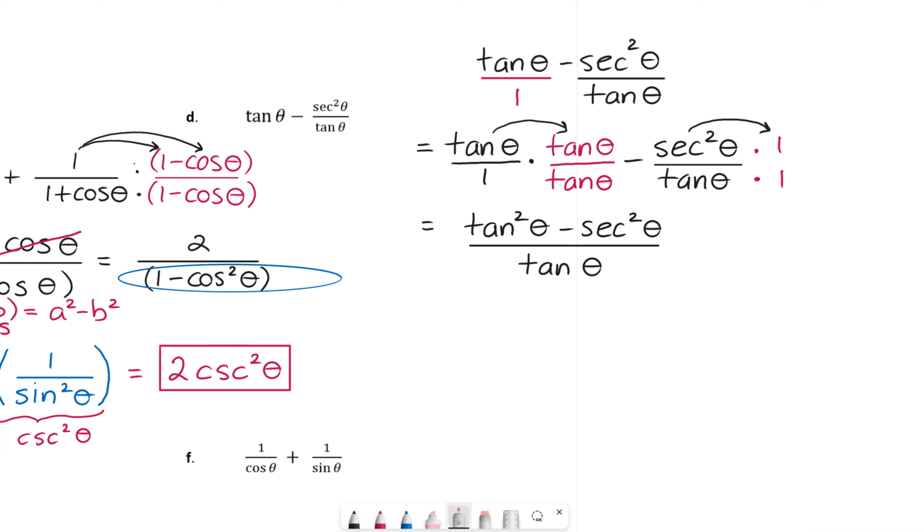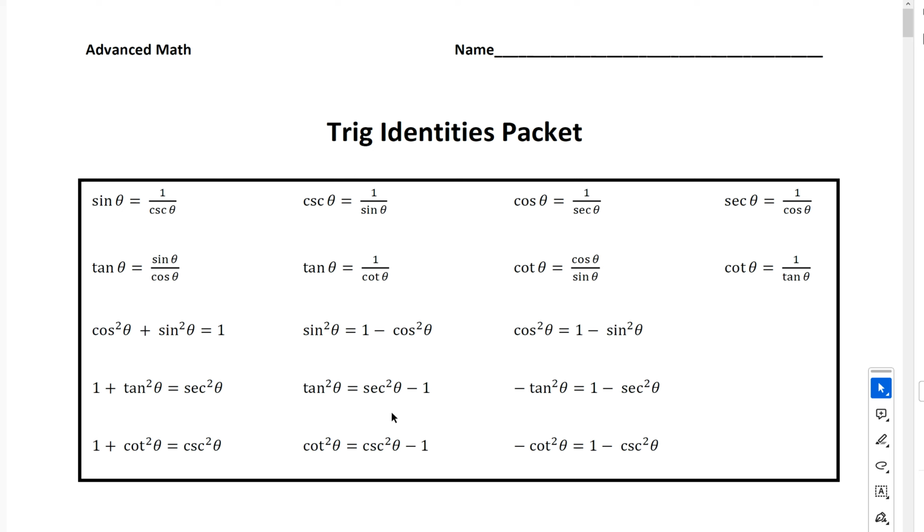Okay, so this numerator right here should send us messages to go look at our formula chart. So tangent squared minus secant squared, let's see if there's a way of simplifying it. So if we go to our formula chart, we'll notice here in this row, this is our tangent and secant squared row, but none of these has tangent squared minus secant squared.